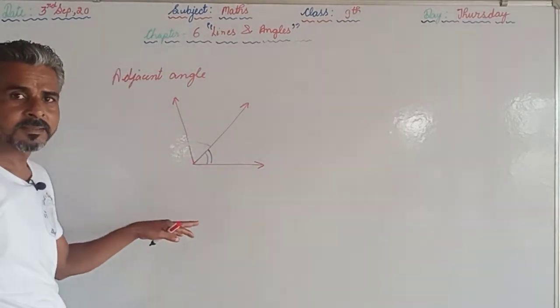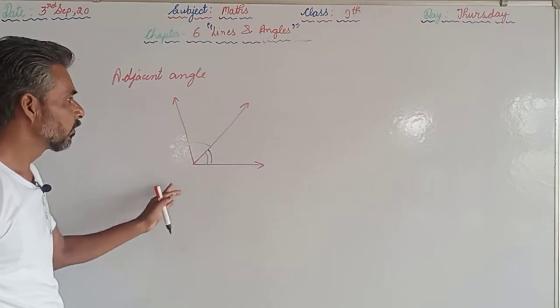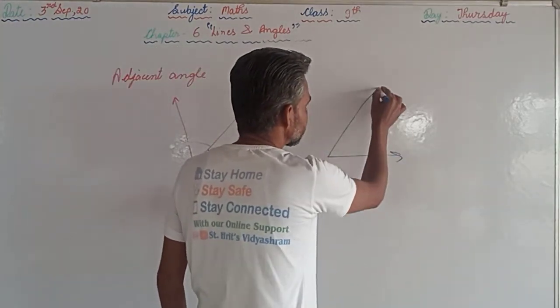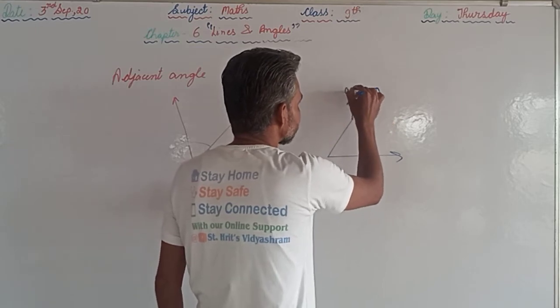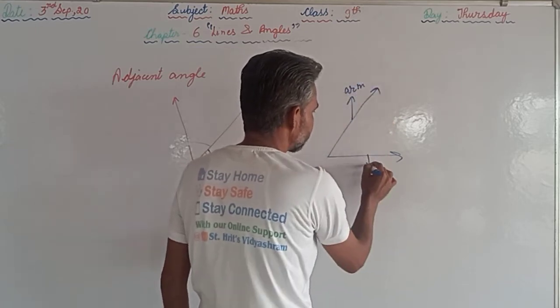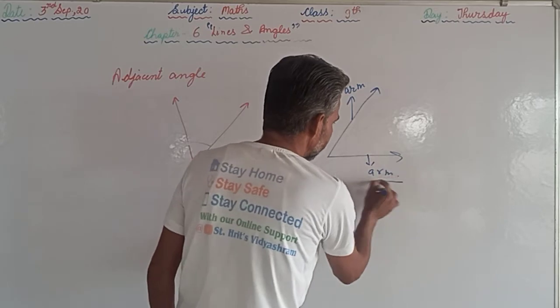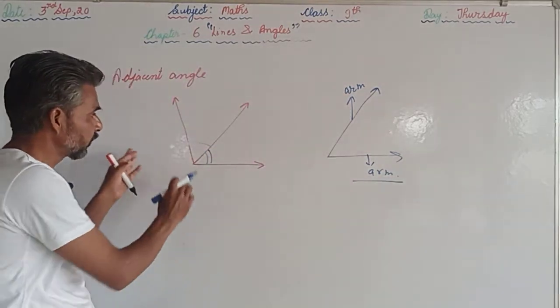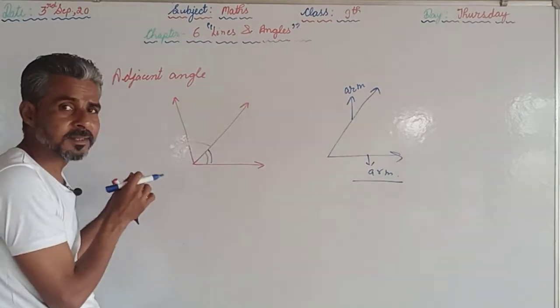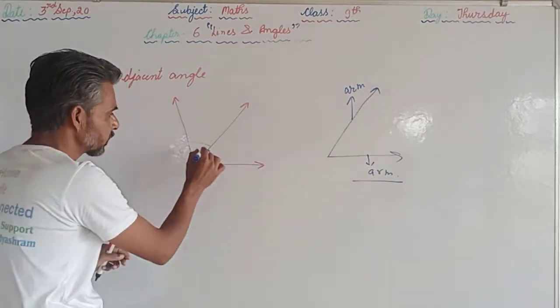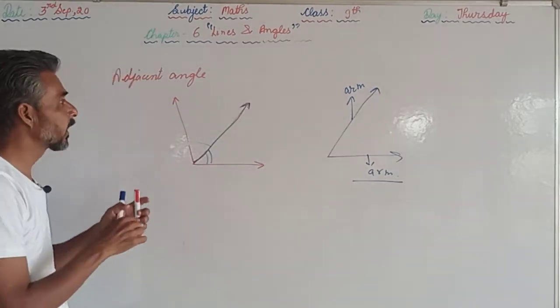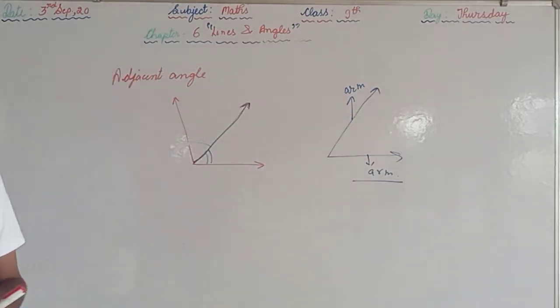If two angles are having one common arm, means if the angle is there, these two rays are the arms. This is an arm and this is an arm. Two arms are there in an angle. Then if two angles are there such that they are having one common arm, means this ray is common in both the angles, then the angles are known as adjacent angles.